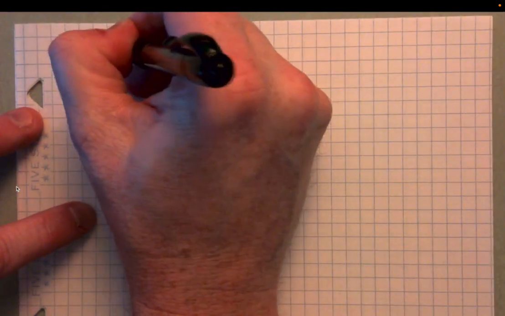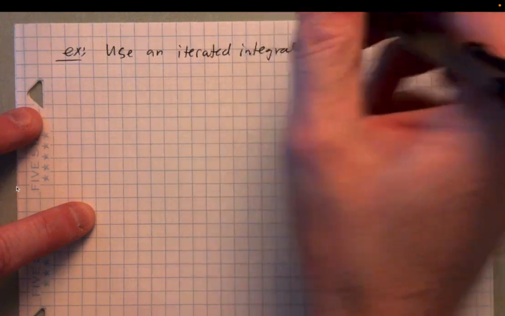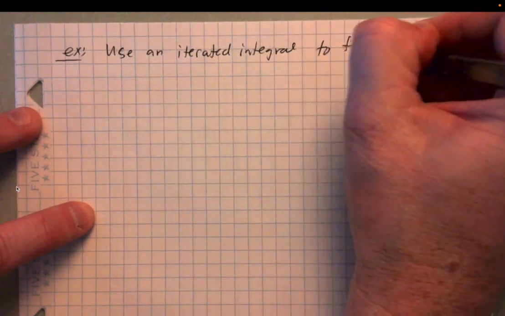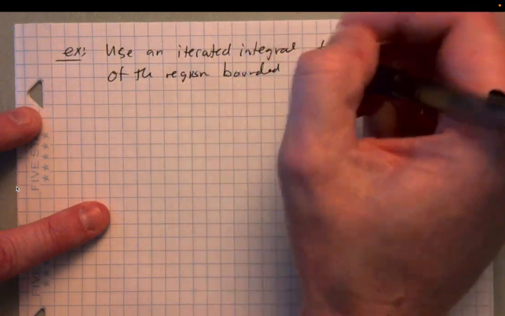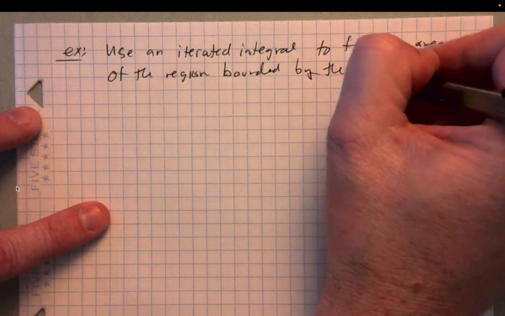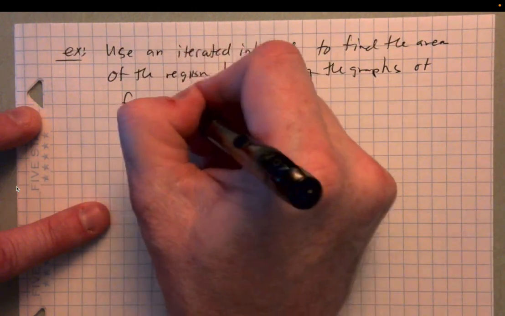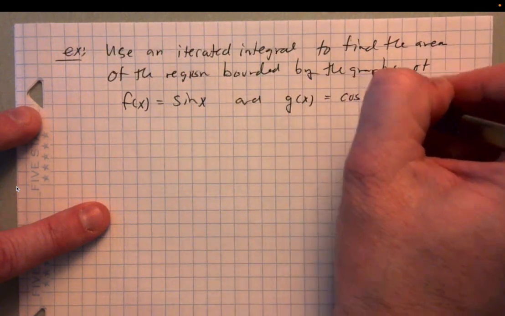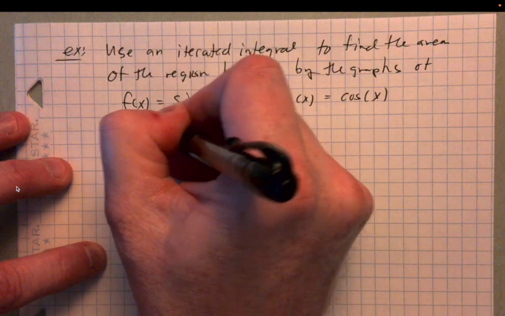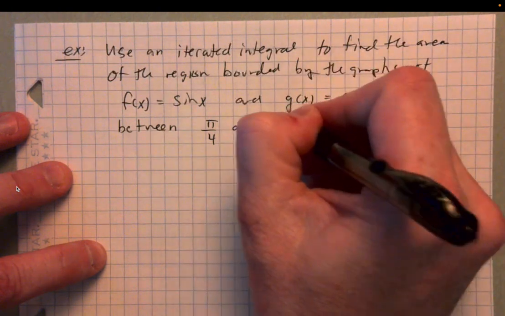Let's use an iterated integral to find the area of the region bounded by the graphs of f of x equals sine of x and g of x equals cosine of x, specifically between pi over 4 and 5 pi over 4.